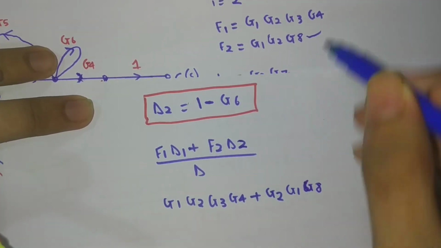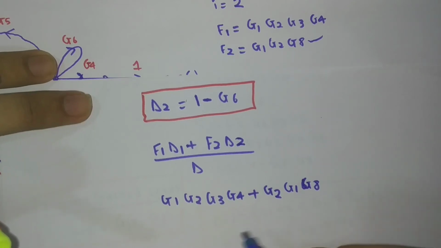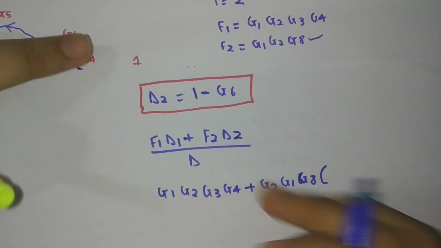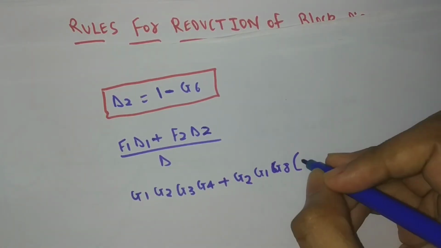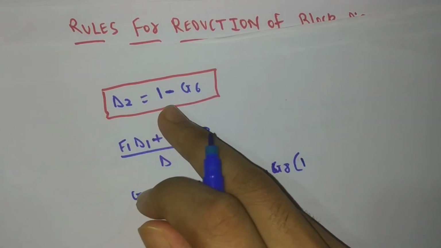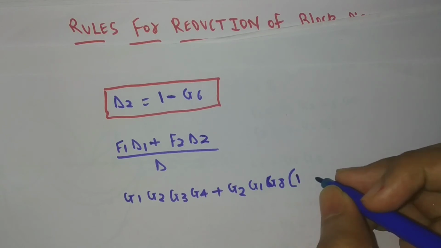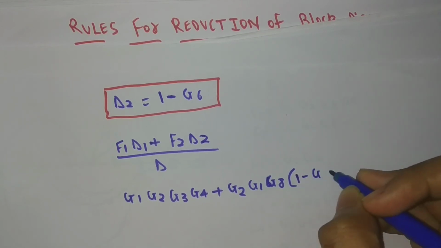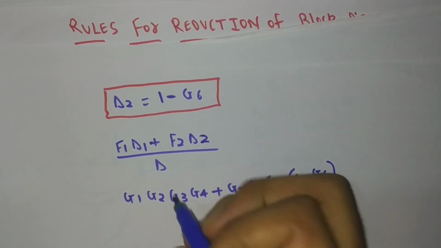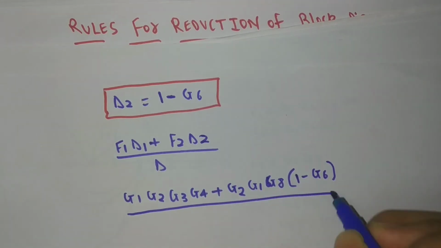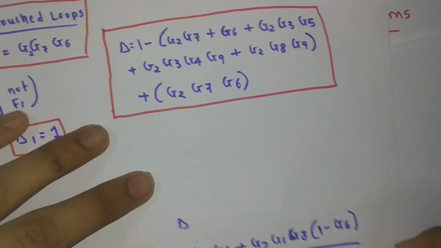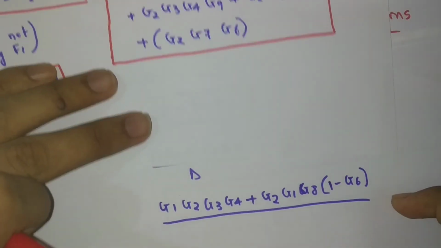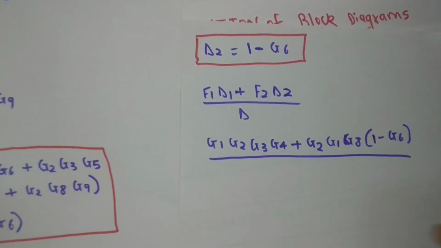I'm talking about this now. This is the second forward path. This will be multiplied by the value which we have found out, that is 1 minus G6. Now this whole thing will be divided by the value of the determinant, that is given over here.